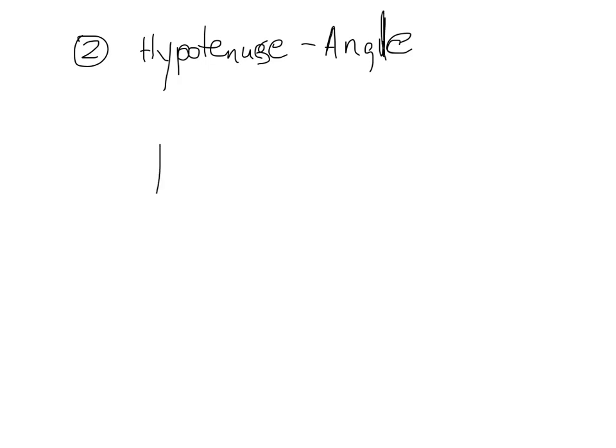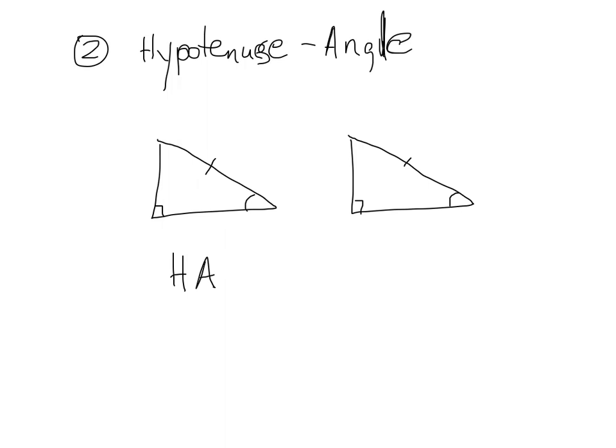So again, if we have a right triangle here and we have another right triangle here, if we have the hypotenuse being congruent to the other hypotenuse and an angle other than the right angle congruent to an angle over here, that is enough to tell us that these 2 triangles are congruent to each other. So we call that the HA congruence, for hypotenuse angle congruence.